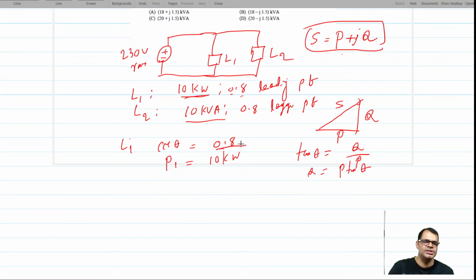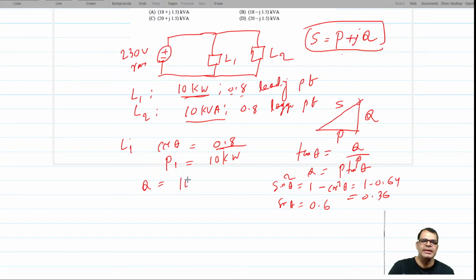You have been given cos theta. How to find tan theta? First you find sin theta. Sin square theta is equal to 1 minus cos square theta, 1 minus 0.8 square, that is 1 minus 0.64, which is 0.36. Okay, so sin theta is equal to 0.6. So how much Q did you get?